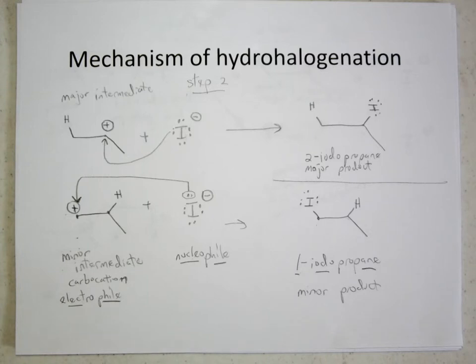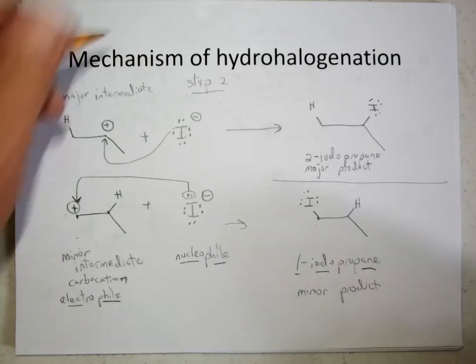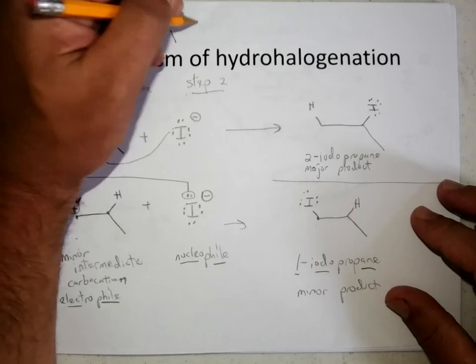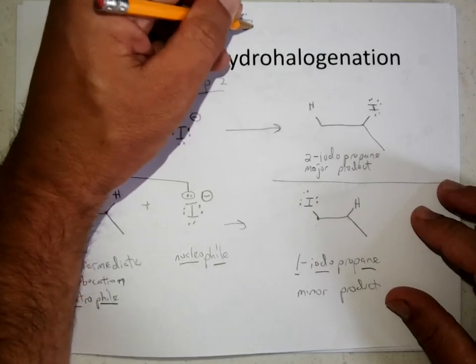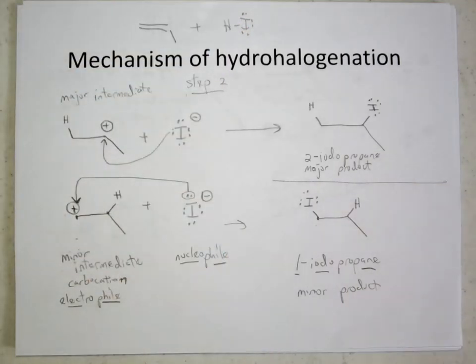reaction. So if you have propene plus hydroiodic acid, you will get a mixture of products, the 1-iodopropane and the 2-iodopropane, and understanding both what we will get and which product is going to be the major product comes from a complete understanding of the mechanism.